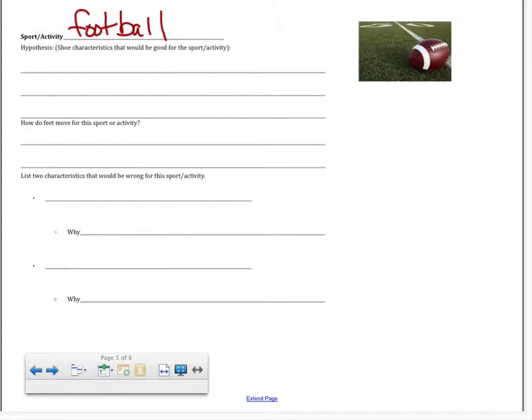Christopher, what'd you say about football? Okay, so spiky bottom. Yes, we are talking about descriptions. So I'm just going to put spiky bottom. Kobe? Ankle support, he says.